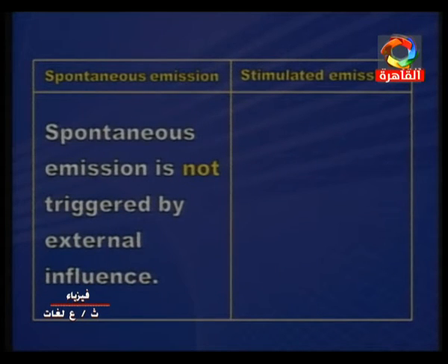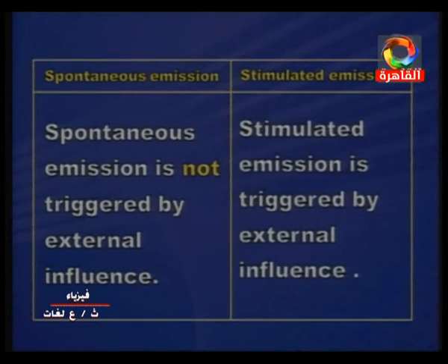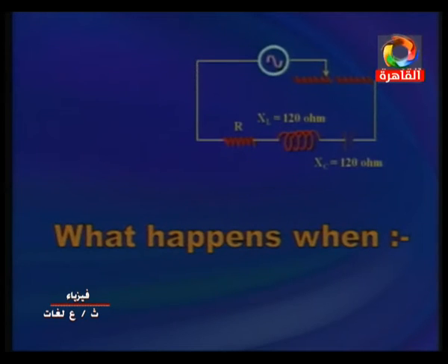Another difference, spontaneous emission is not triggered, not caused by an external influence. But stimulated emission is triggered by an external influence. Another type of questions, in front of you we've got a circuit that contains a capacitor of capacitive reactance 120, an inductive coil of reactance 120.